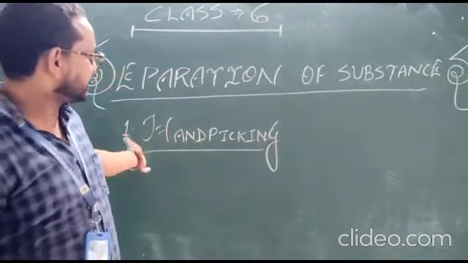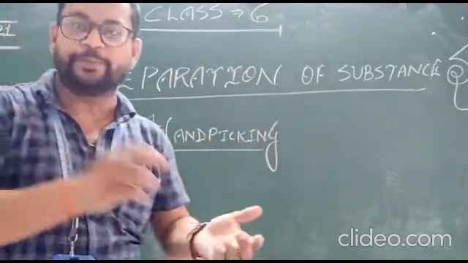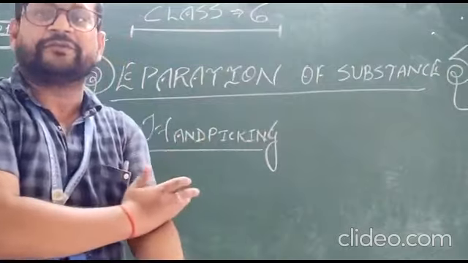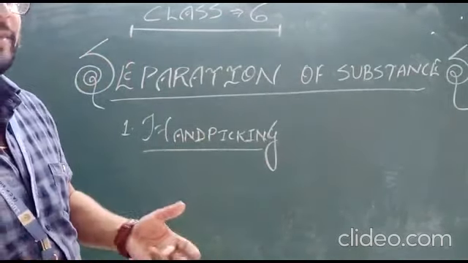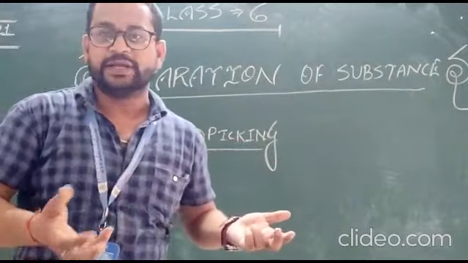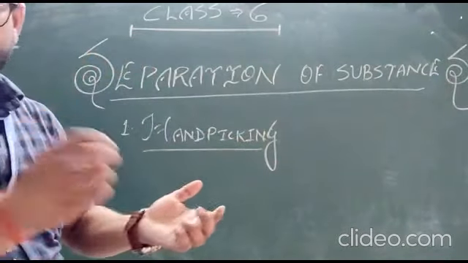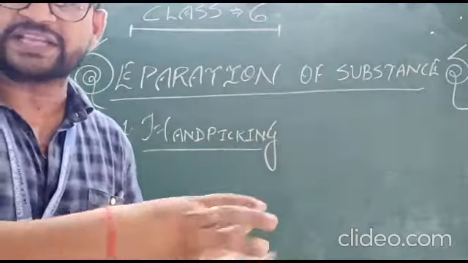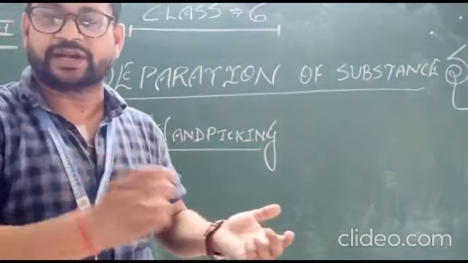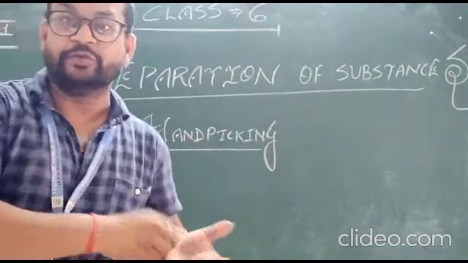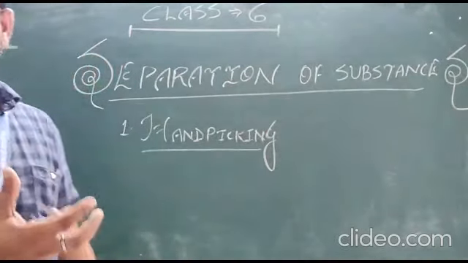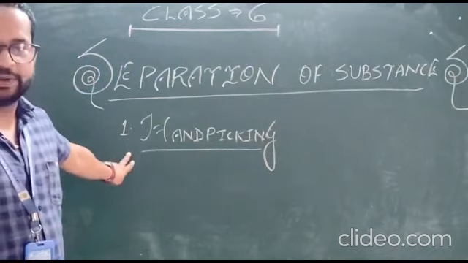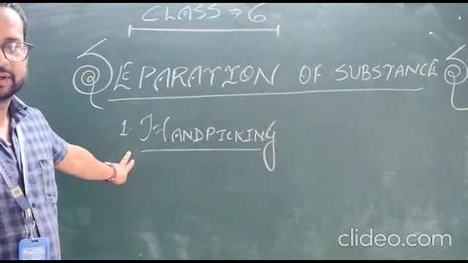Hand picking, नाम से ही पता चल रहा है. When we remove the impurities from any substance, just like you can see in your room, your mom or your grandmother stone remove करते हैं किससे? राइस से. राइस प्लेट से स्टोन रिमूव करते हैं या व्हीट से रिमूव the impurities. That is the large impurities which we pick by hand. That is called hand picking. Okay, clear everyone?